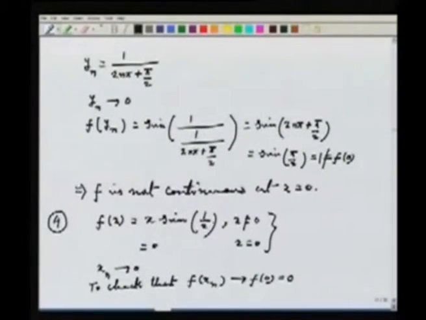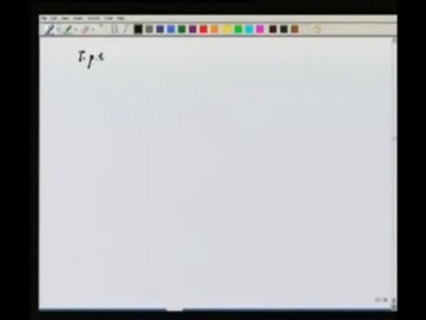Now notice that as xn converges to 0, and sine of 1 by xn is a bounded function, I want to prove that xn sine 1 by xn converges to 0. Once I prove this, it would imply that f is continuous at x equal to 0.